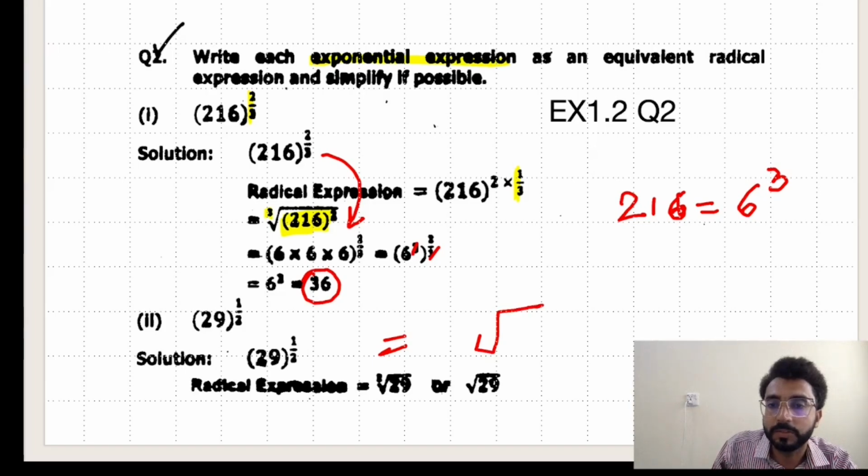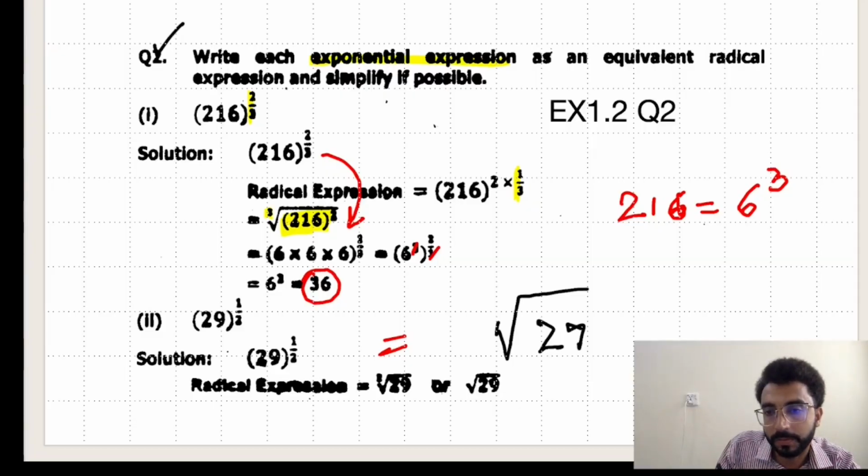Let students give me a minute. Square root of 29. This is the square root.